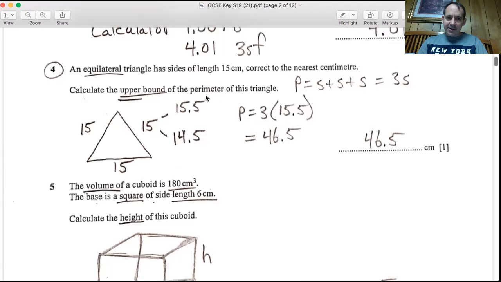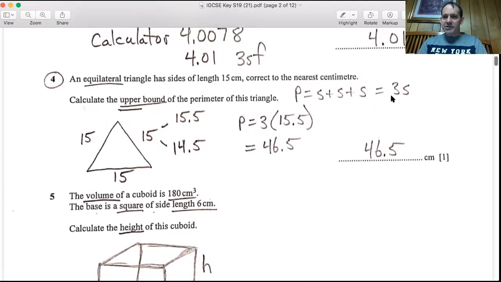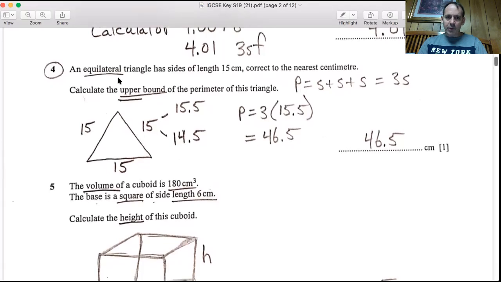Now the second layer has to deal with the formula. So the formula here is perimeter of a triangle. So your formula is going to be perimeter equals side plus side plus side, which is 3 times the side. And since it wants the upper bound, we're going to take the higher value and plug it into our side. So the upper bound perimeter will be 3 times 15.5, which gives us 46.5.